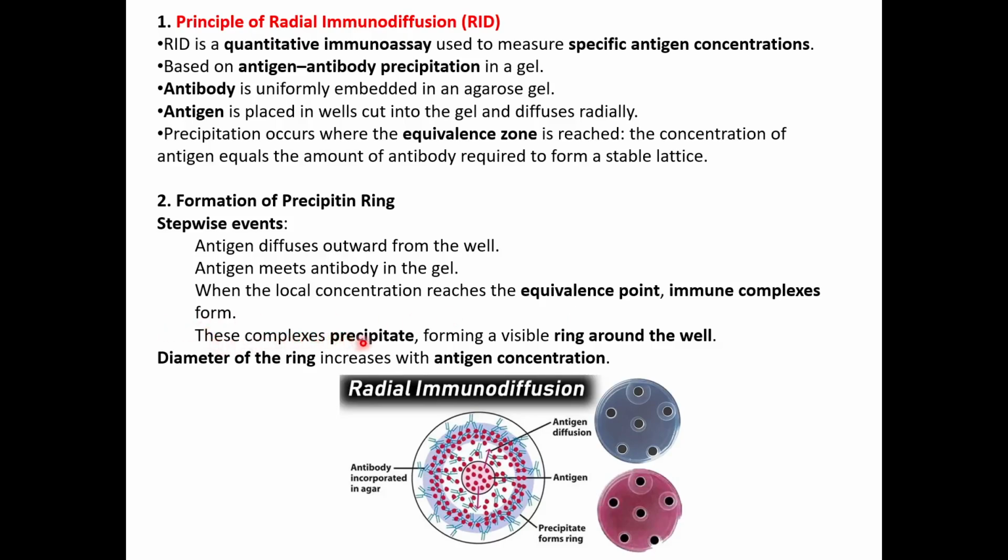So these complexes will now precipitate there, and you will see the formation of a ring-like structure, forming a visible ring around the well. The diameter of the ring increases with antigen concentration. So if you have more antigen, it will need more antibody for that equivalence zone to form. So the diameter of the ring will increase if you have more antigen.